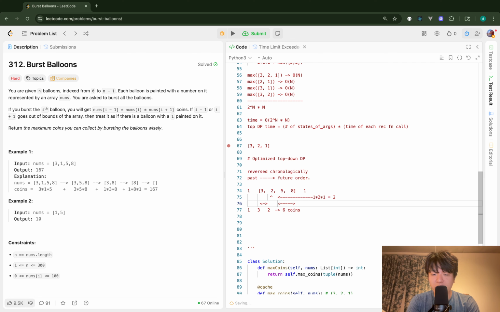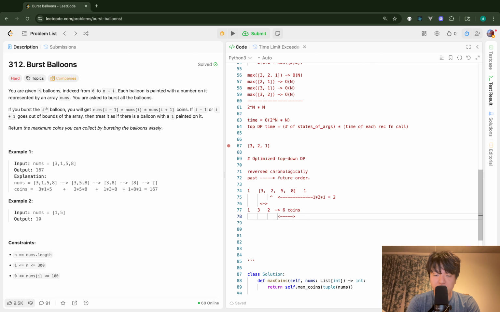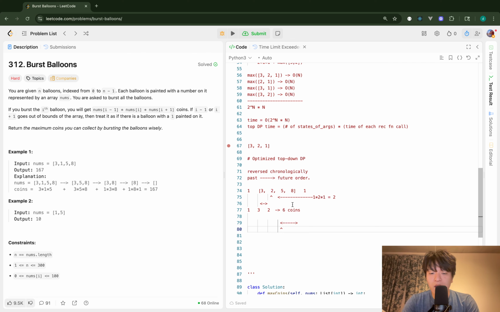And how about this range, 5 and 8? I can think of it in the same way. So let's say I take 5. If I take 5, which means that 5 is the second to last balloon to be bursted in this range, 2 or later.